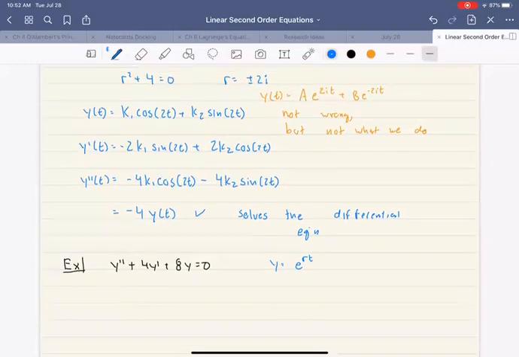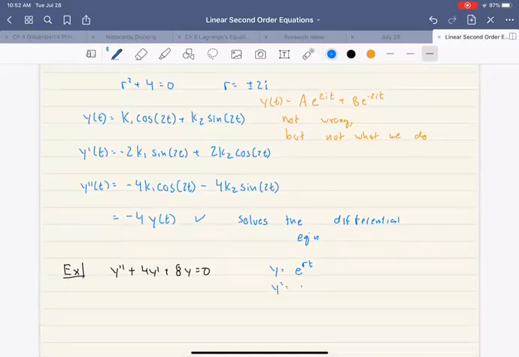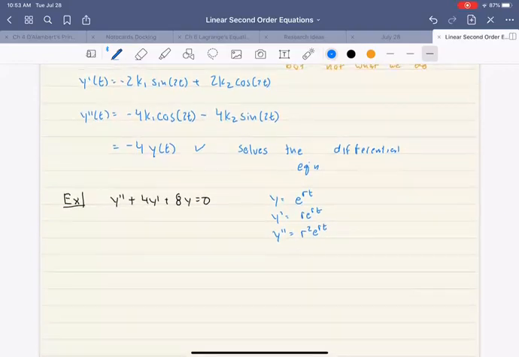So y prime is, of course, r e to the rt. Y double prime is r squared e to the rt. Okay, so we're going to get r squared plus 4r plus 8 equals 0.